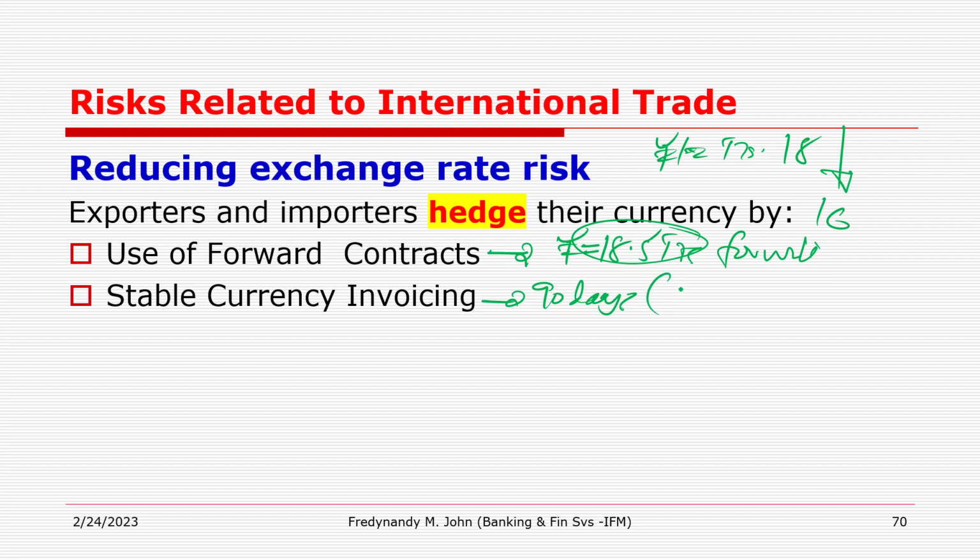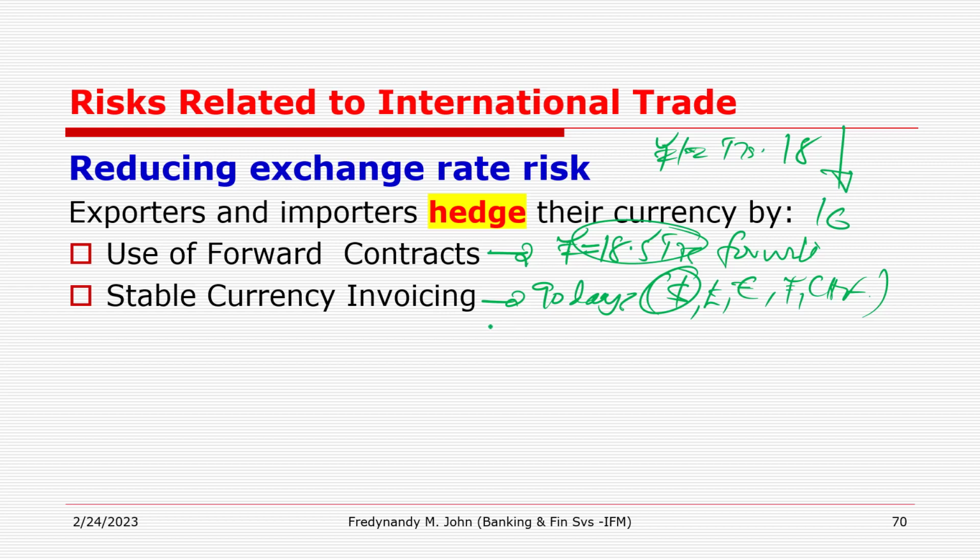Stable currency or hard currencies are such as the USD, pound, euro, Japanese yen. You can as well use the Swiss franc, etc. Okay, but in most cases, you'll see that the dollar is widely used for invoicing.